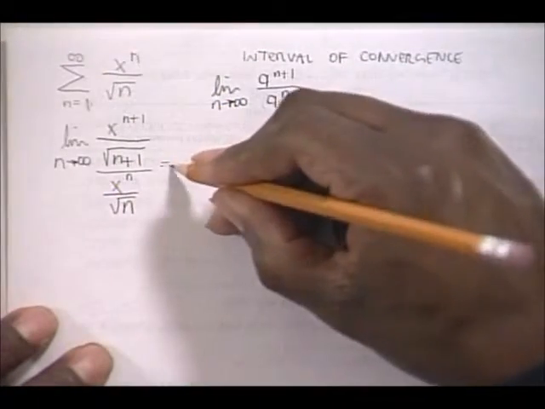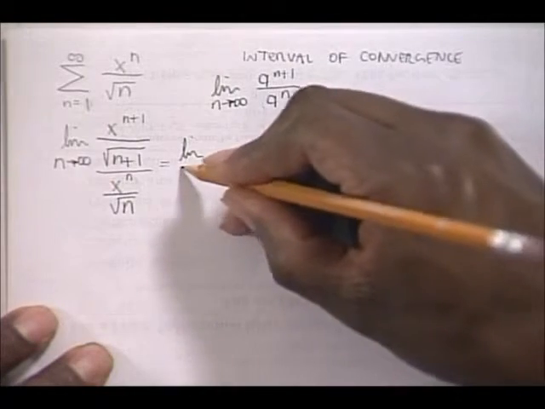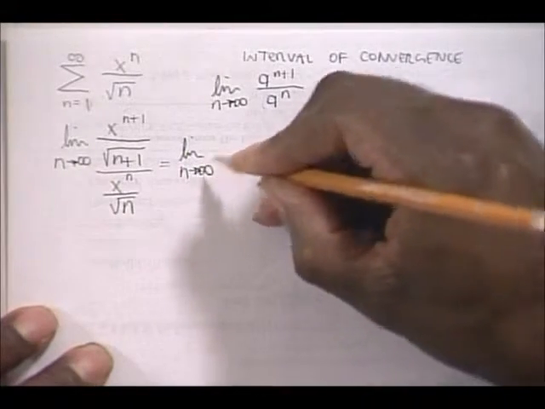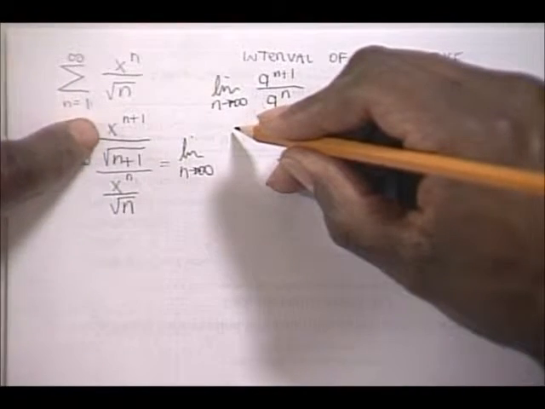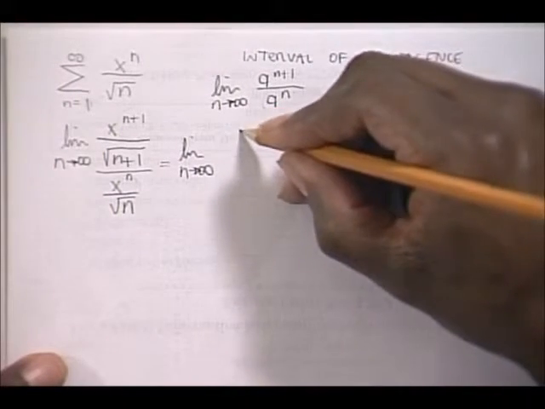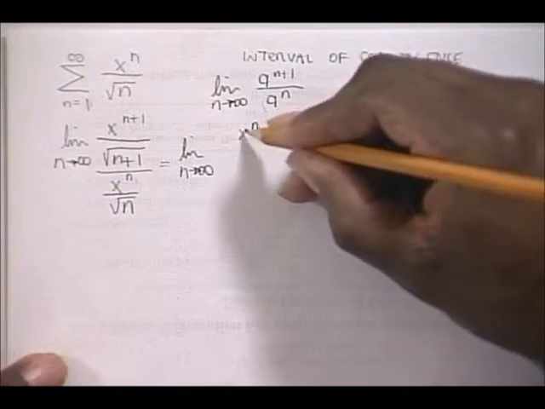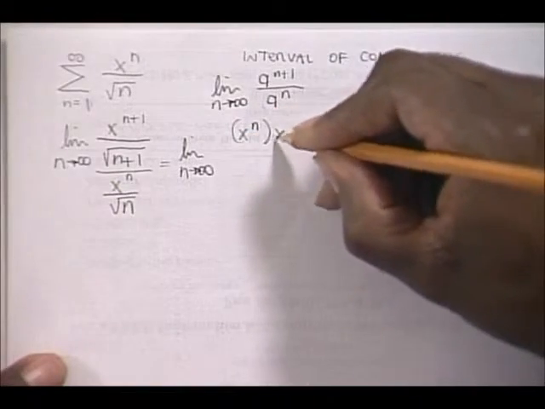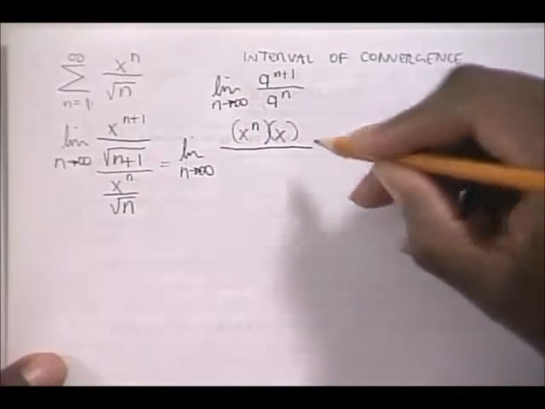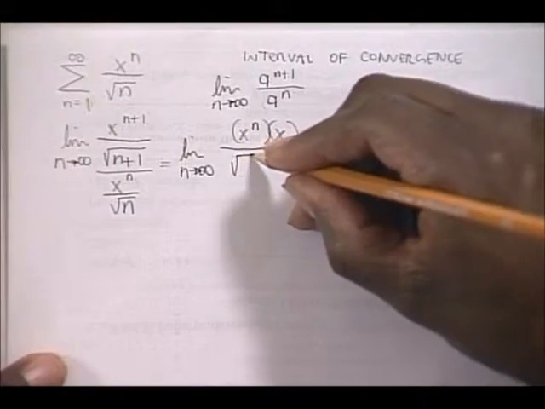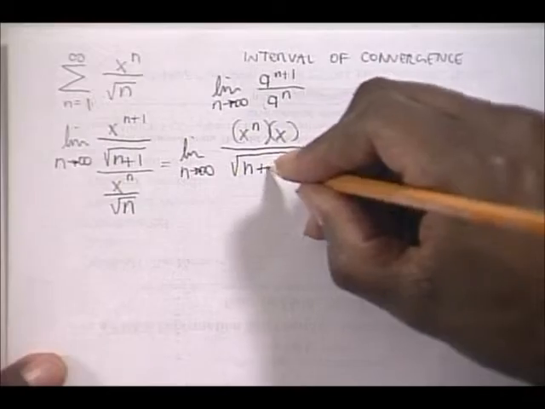All right, so now let's evaluate this limit. We got the limit as n approaches infinity of, let's expand this exponent. We end up with x to the n times x, and that is over radical n plus 1.